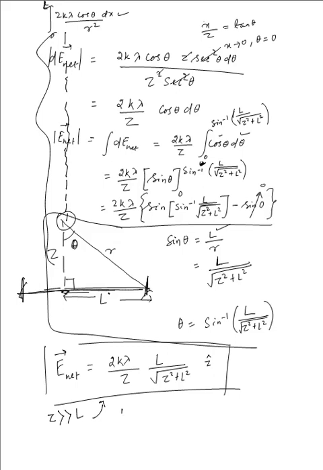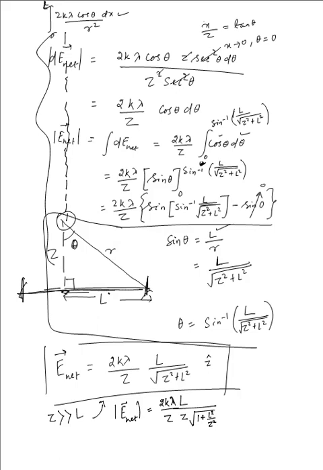We can go for the magnitude once again. We have 2k lambda. We have the z over here. This z in the denominator can be taken out of the bracket, out of that square root. And with that taken outside, we have another z outside over here. What remains within that is 1 plus L squared divided by z squared, and the L obviously remains above.